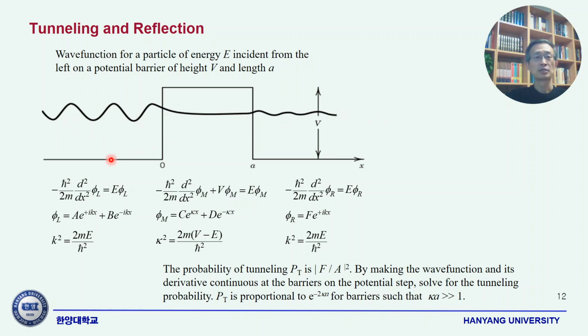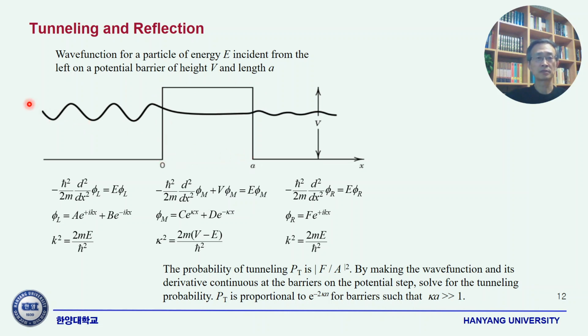So your potential from negative infinity to 0 is 0. Let's put it 0 or constant, but that's enough. From a to infinity, there is no potential, so V equals 0. The actual potential of this barrier is V, so there is a potential height V set up from 0 to a.